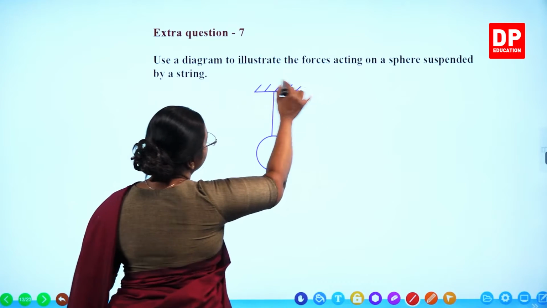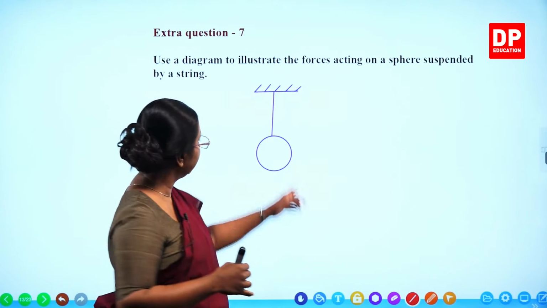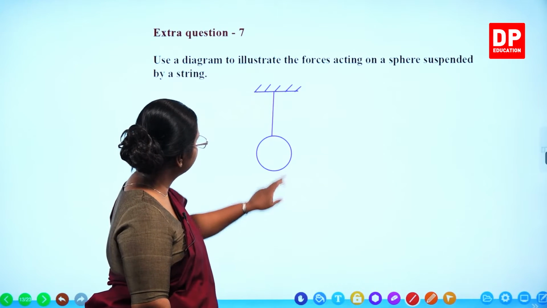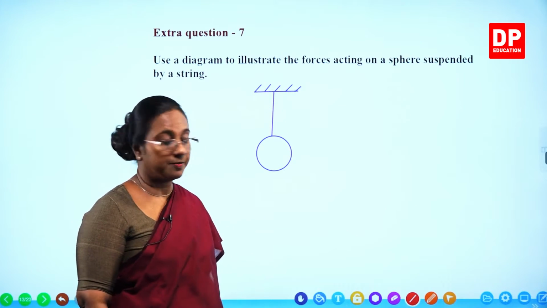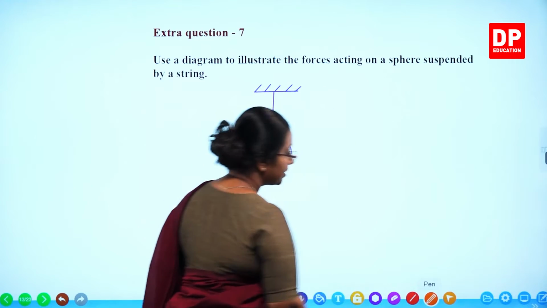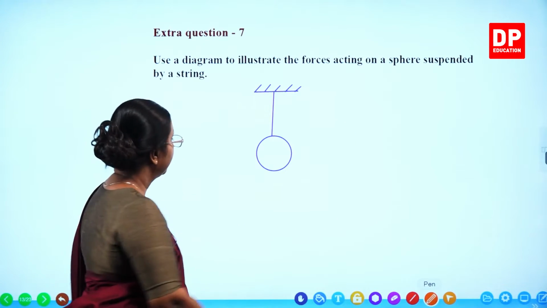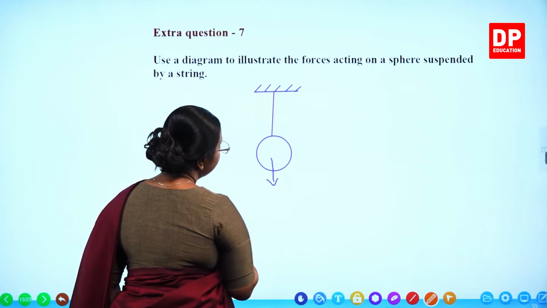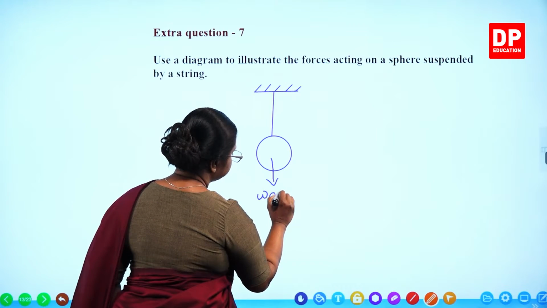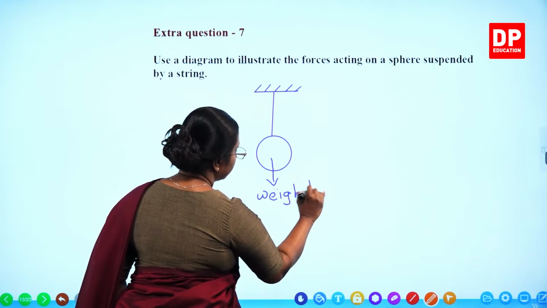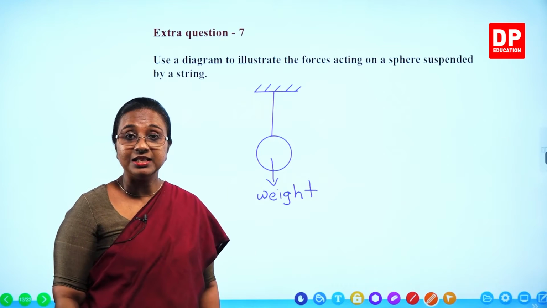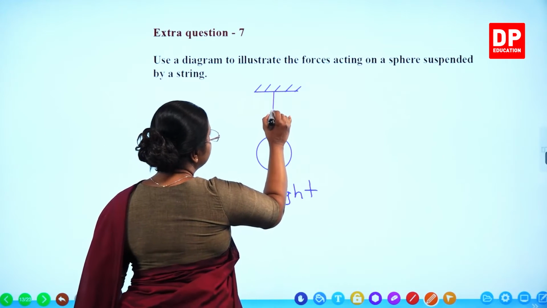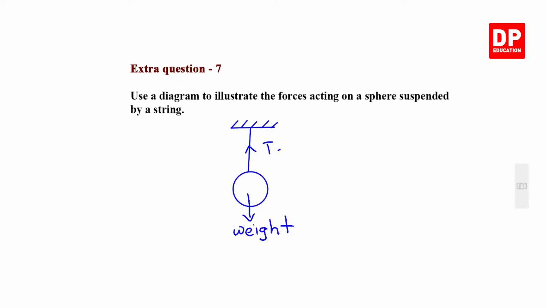So we need to show from where it is hanging. You can see the string and the sphere. What are the forces that will act on this? The weight of the sphere will act downwards. What will balance this weight? It will be the tension on the string. Tension on the string, that is T, and weight is W.